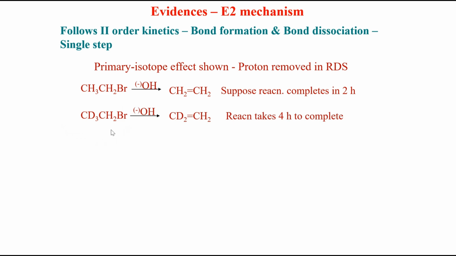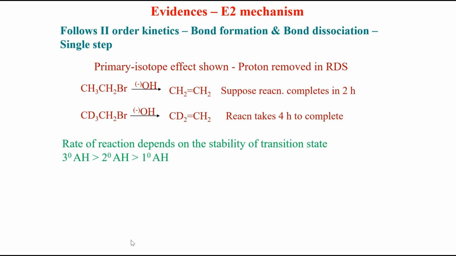Means, as deuterium is the heavier isotope of hydrogen, this takes more time for removal. What it indicates is that the primary step in the reaction is removal of a proton to form a carbanion.